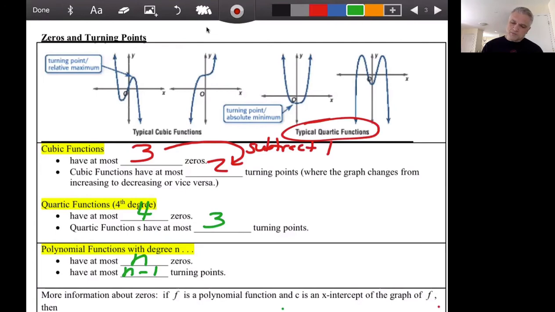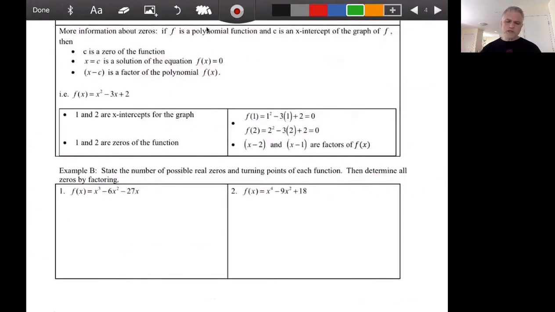Okay, let's continue. More information about zeros. If f is a polynomial function and c is an x-intercept, okay, c is a 0. We already said x-intercepts are zeros. x equals c is a solution to your equation.